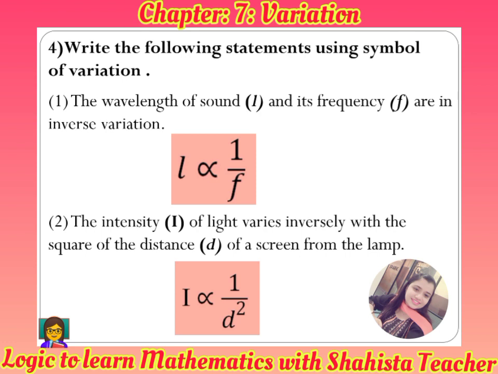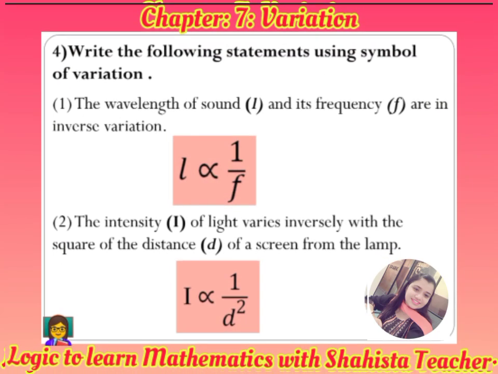So I inversely varies 1 upon d square, because here the square of the distance is given. So this is the symbol which we use when we see these letters, inverse variation, and we solve this.